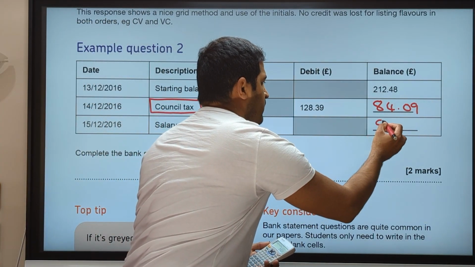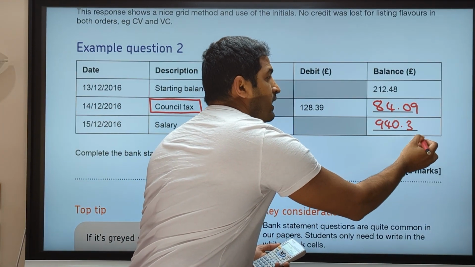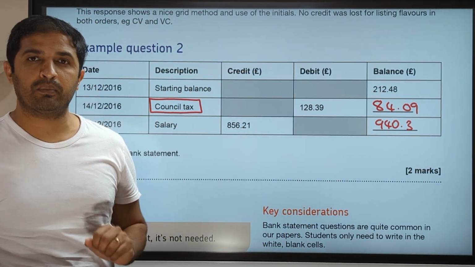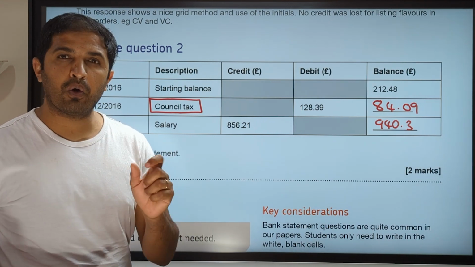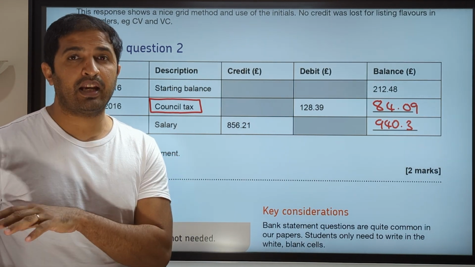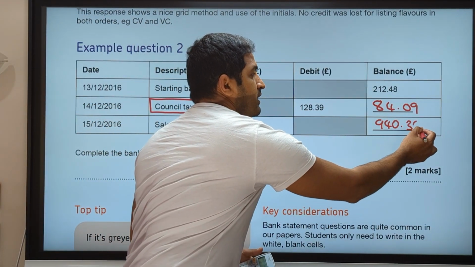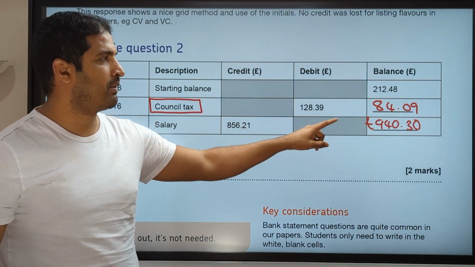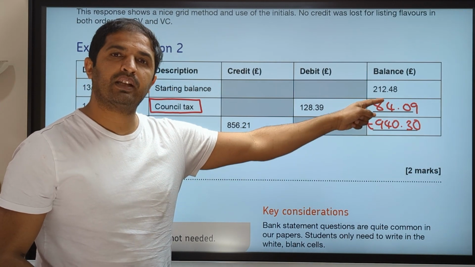It gives you 940.3. But since we're talking about money, you always have to write it to 2 decimal places. Why? Because your money will go up to 99p and then the next pound. So you always write it to 2 decimal places when you're talking about money. So these are the 2 marks that you will get.